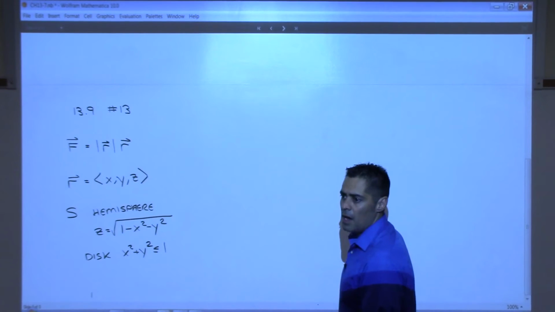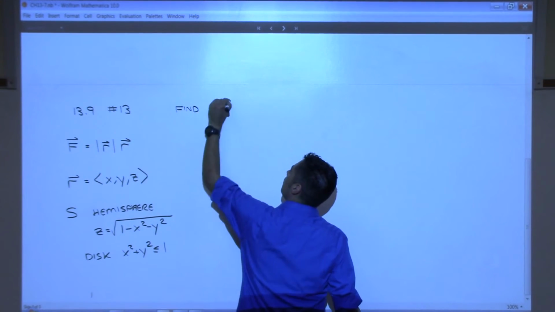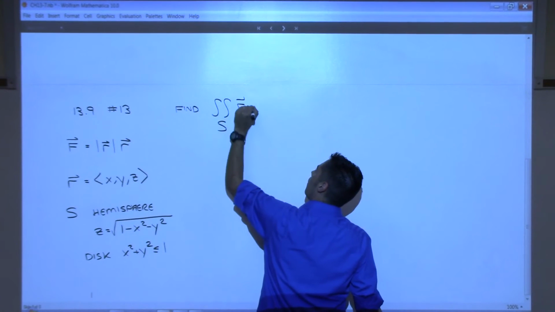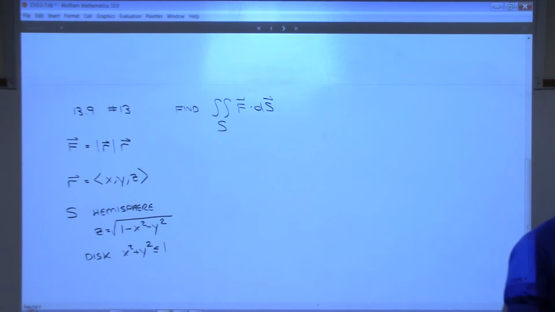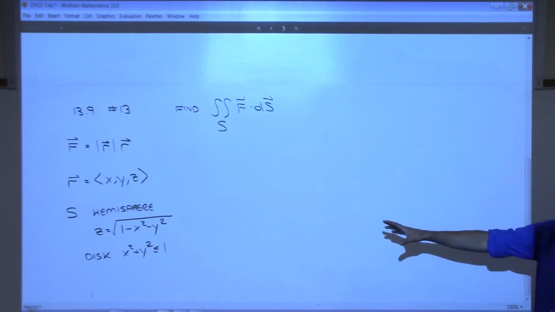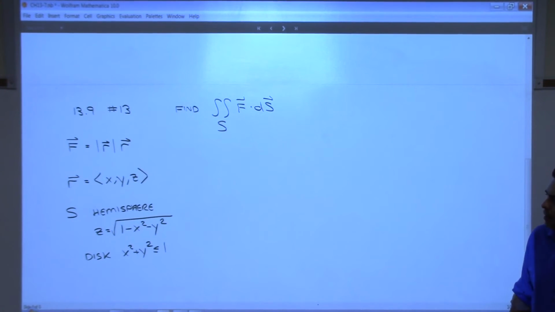And they want you to find the flux. Let's try and draw S first and see if the div theorem, right, divergence theorem, will apply.